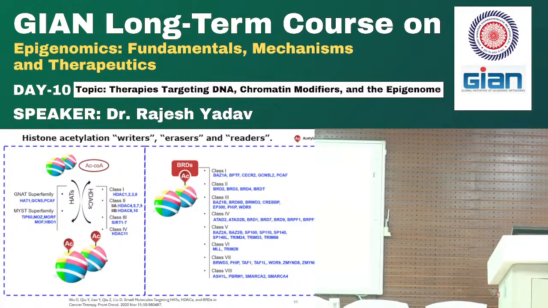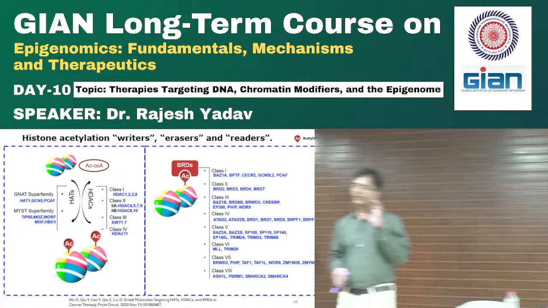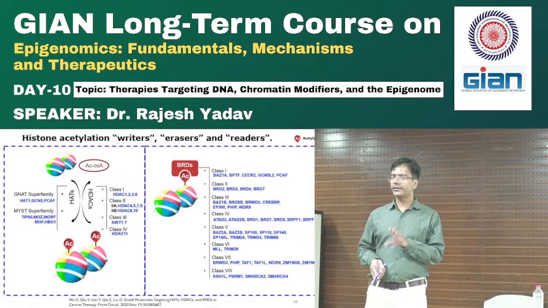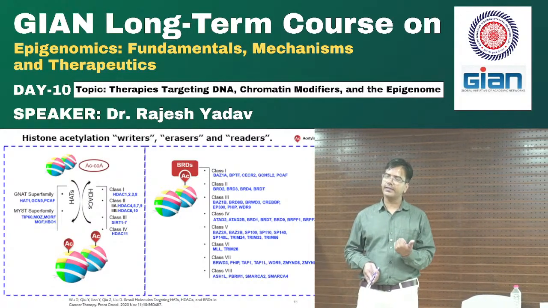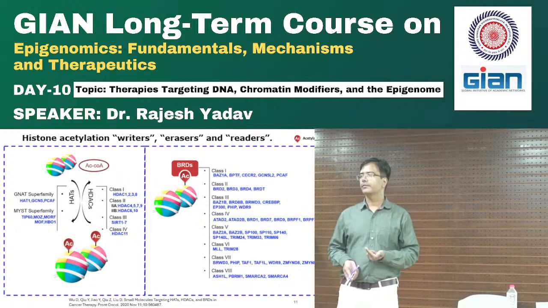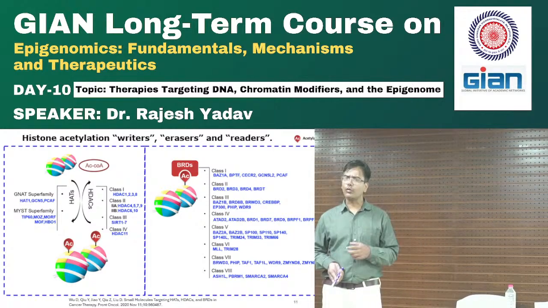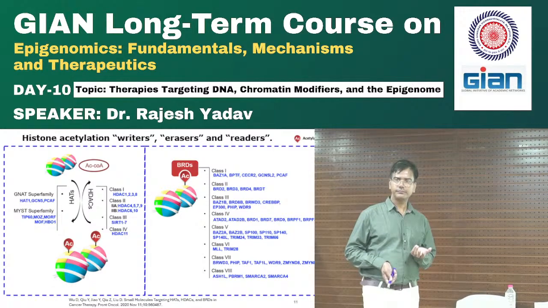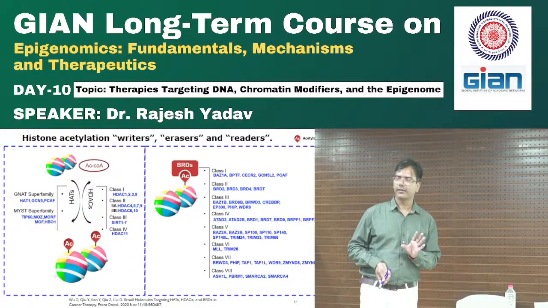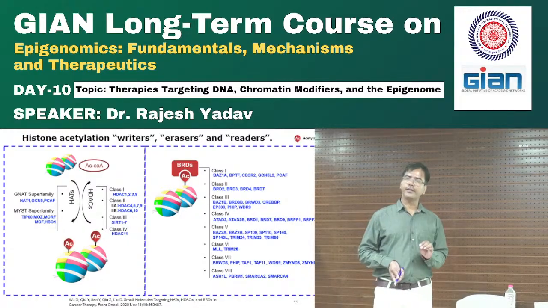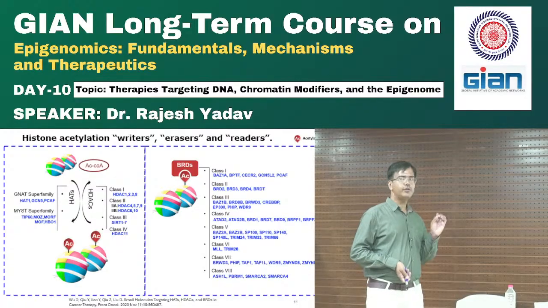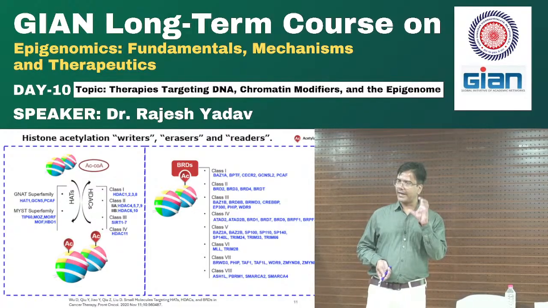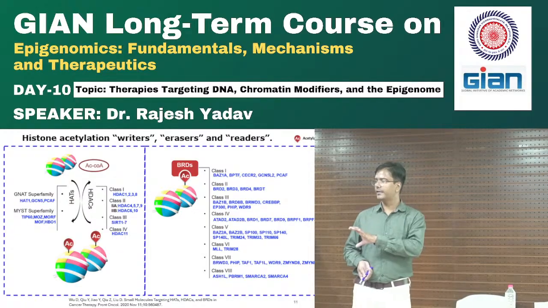I'll come to the names of the inhibitors later on. If you want to come up with a new inhibitor, the first stage is to figure out which methyltransferase or which epigenetic marker is involved in the disease. Next, you figure out which enzymes, and then whether there is something else that binds the modification.